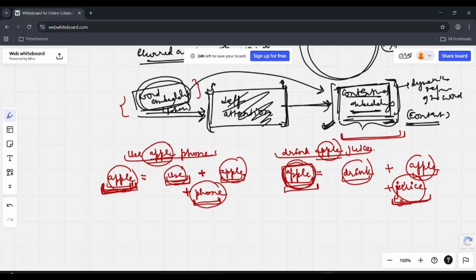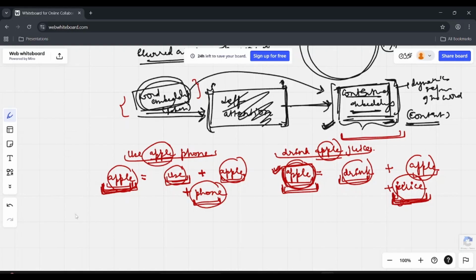For example, when I am finding out the embedding of apple, then juice, drink, they are playing some part in obtaining it. But juice plays a very important role in finding out the correct embedding for it.